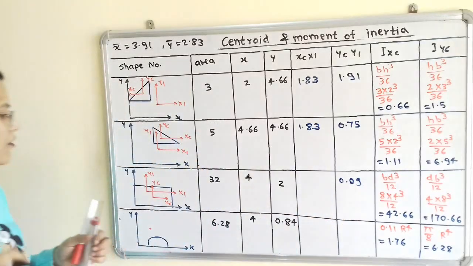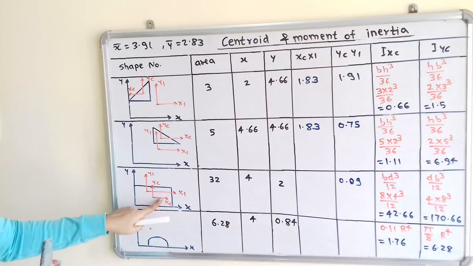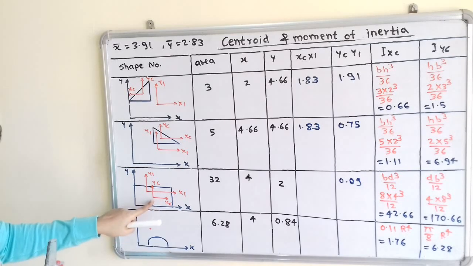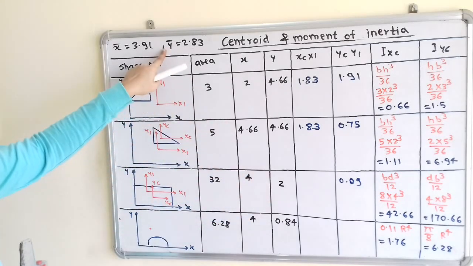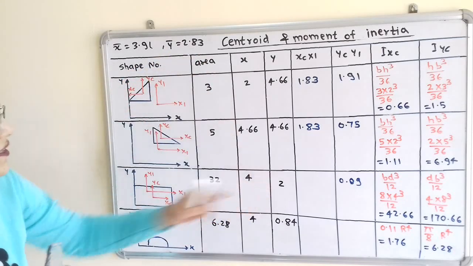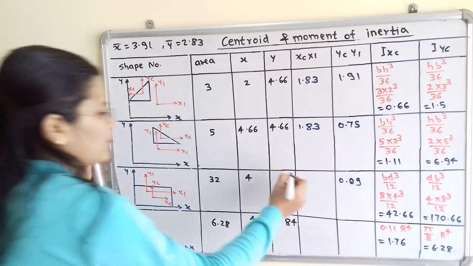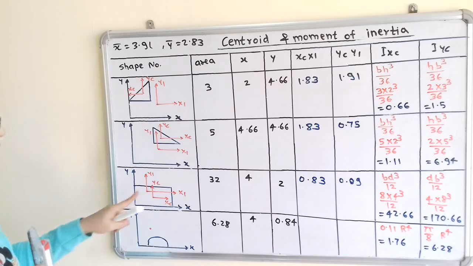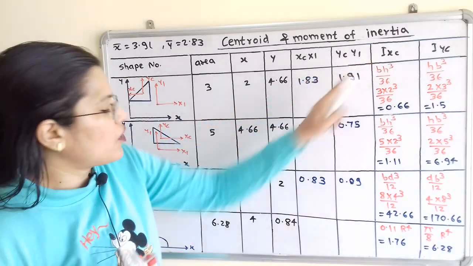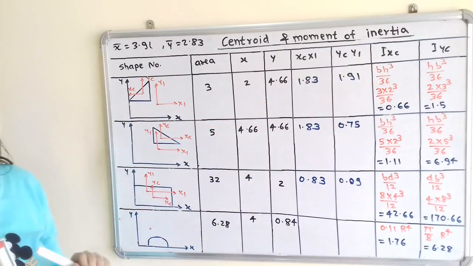0.09. Now next we will calculate the parallel distance between xc and x1. So we have to take the difference between y and y bar. So it is 2.83 minus 2, that is 0.83. Now how to calculate the moment of inertia along xc and yc for the rectangle.